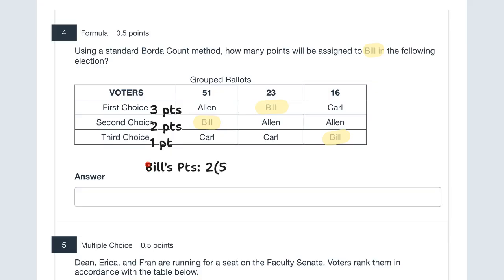Two times 51 plus 3 times 23 plus 1 times 16. Grab your calculator. 2 times 51 plus 3 times 23 plus 1 times 16 is 187 points.